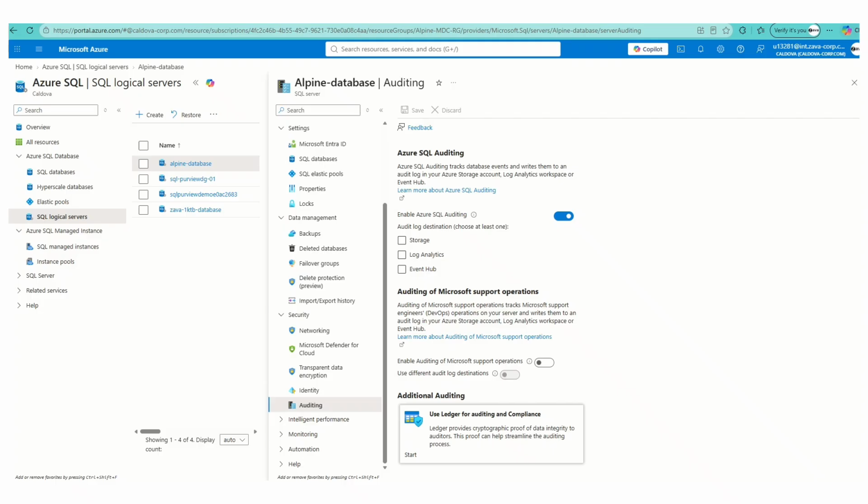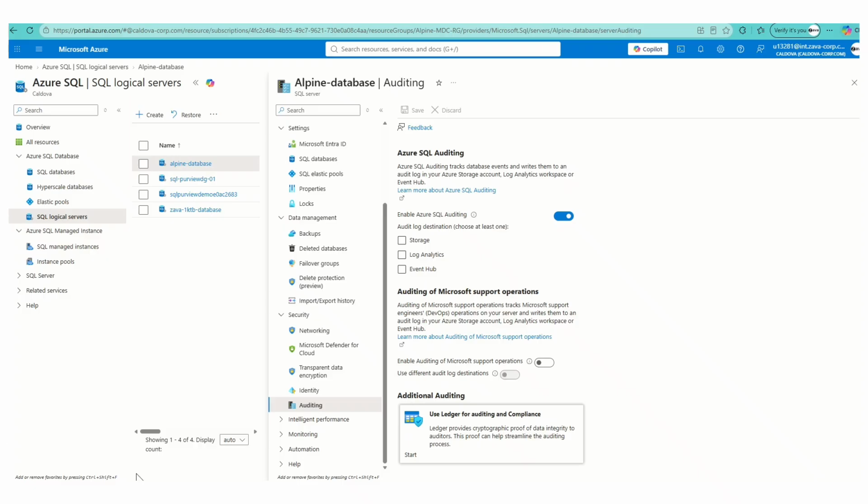Basically, in this module, you learned to configure comprehensive auditing for Azure SQL Database and SQL Managed Instances, which is, again, the same thing. The managed instance is just a database that you create on Microsoft, and you don't have to do anything about it.